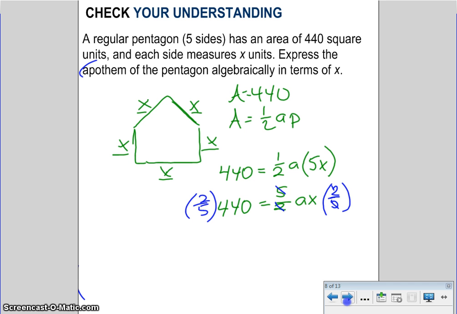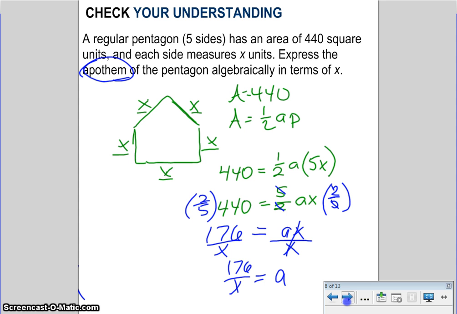So here they're going to go away. I've got ax, and over here 2 times 440 is 880 divided by 5, and I've got 176. It asks us to solve in terms of the apothem, so we're getting a by itself. We're dividing both sides by x, and I get a, or the apothem, equals 176 divided by x.